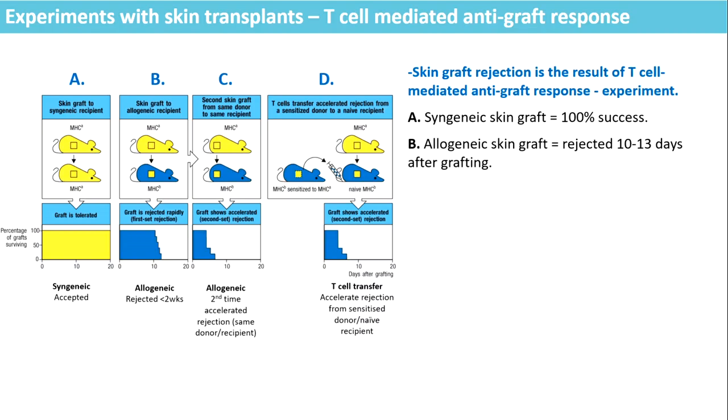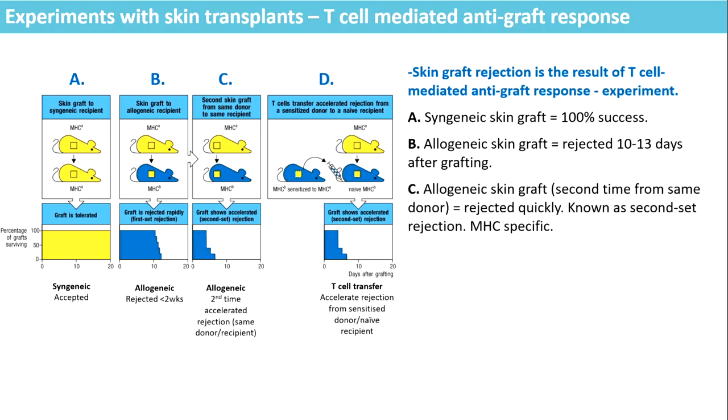Now, if we take an individual that has already had a graft from that same donor and we give them a second graft, this time we'll get rejection, but we'll see that it's much more accelerated. We can see that here, it's rejected in about half the time. So this is showing you that we've got a memory response going on here.